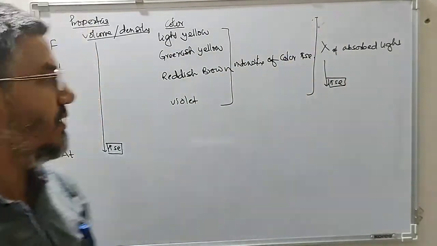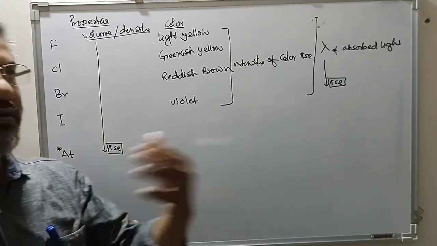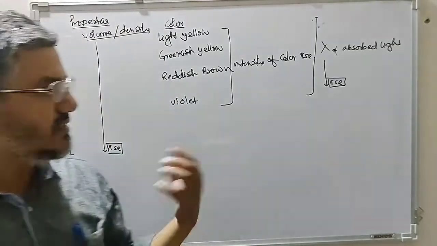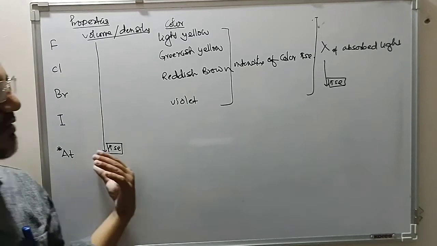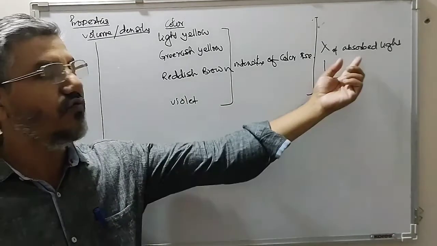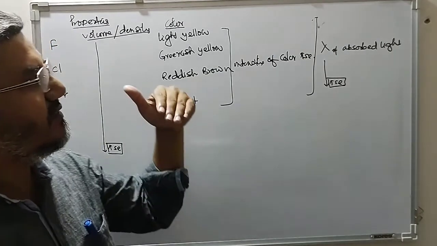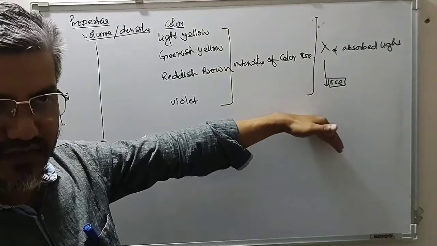should be the minimum. Iodine being the largest in size, the attractive force between the valence electron and the nucleus being the least, so least energy is required to excite electron. Now energy required is least, so therefore the wavelength should be the maximum. So look at this, wavelength of absorbed light increases from fluorine to iodine.